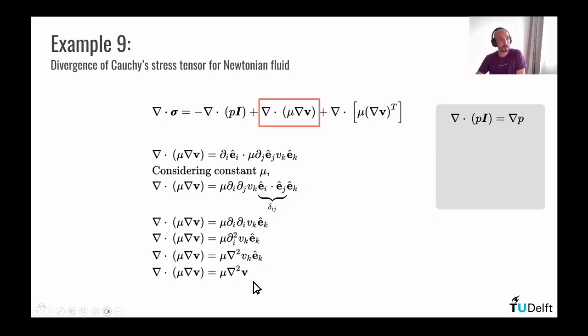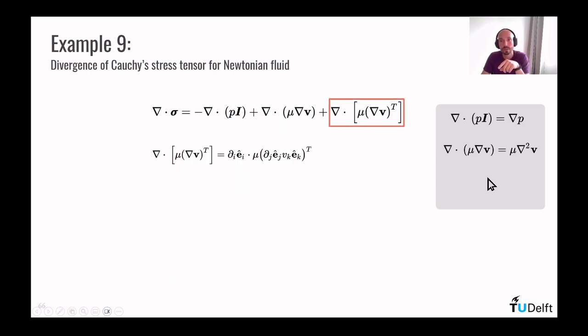The Laplacian of a vector would be just the second derivative of each component of that vector. Okay, so it will also be a vector. Okay, so this is the result for this expression. The divergence of the gradient of something is just the Laplacian of something.